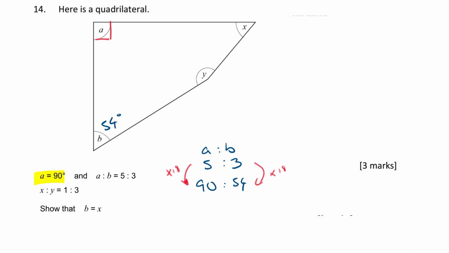And I'm told that x to y is 1 to 3. Now we don't know what x to y is at the moment, but we do know what they add up to between them, because all 4 angles add up to 360, then a plus b plus x plus y must be 360. But we know that a is 90, and we know that b now is 54.